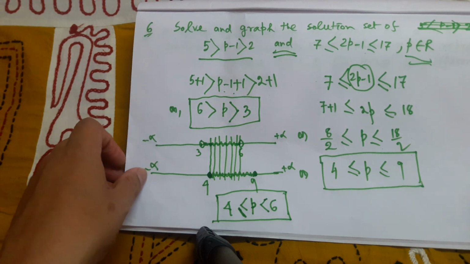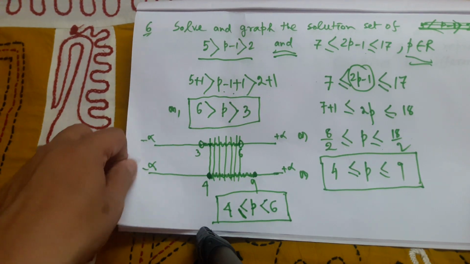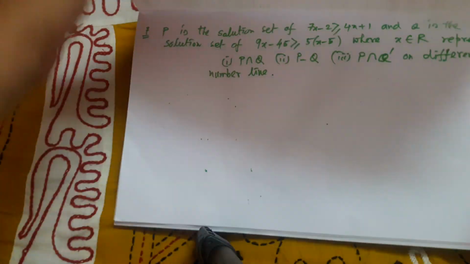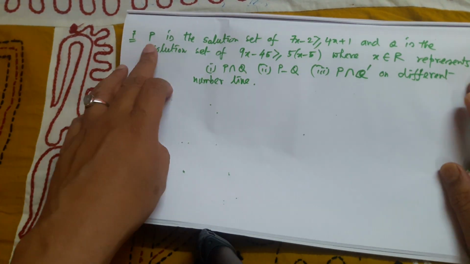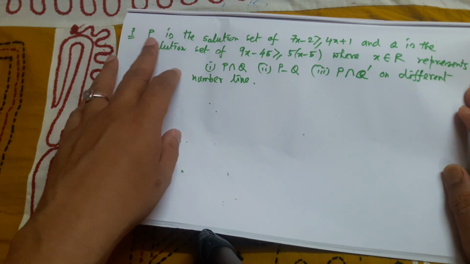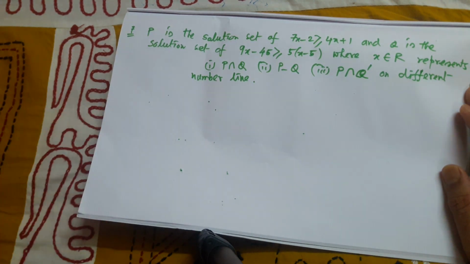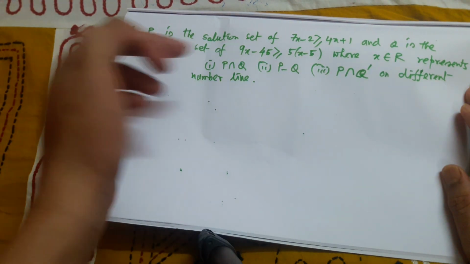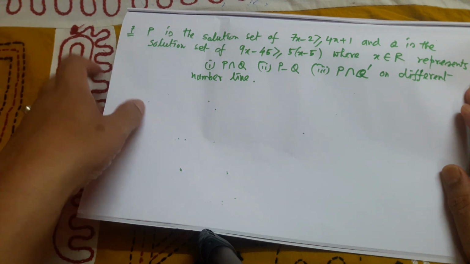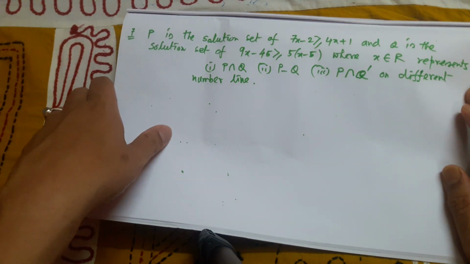This is our sixth problem. Next problem, seventh problem. It tells that P is the solution set of 7x minus 2 greater than or equal to 4x plus 1, and Q is the solution set of 9x minus 45 greater than or equal to 5 first bracket x minus 5, where x belongs to real number.